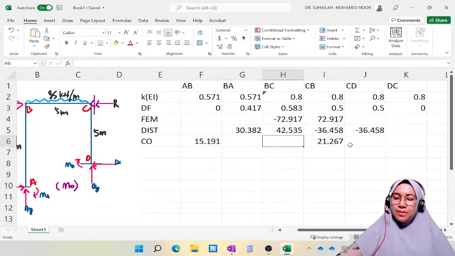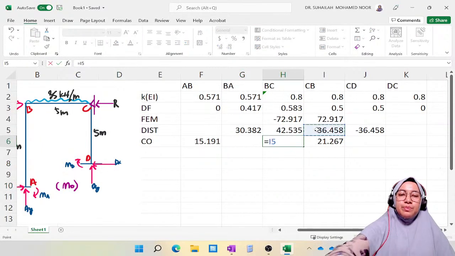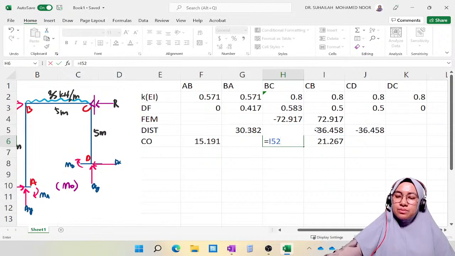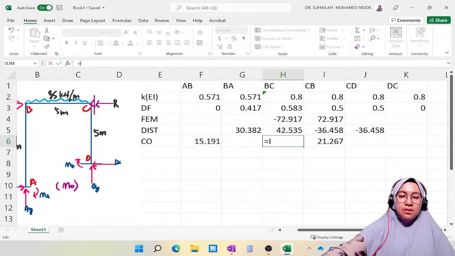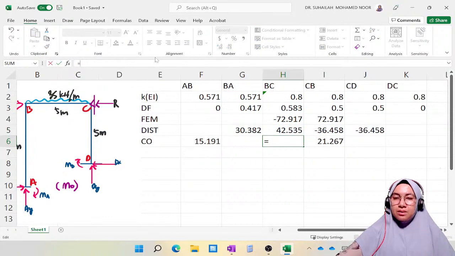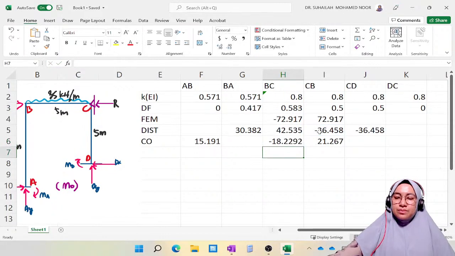And we have C, we carry to B, divide by 2. This one divide by 2.